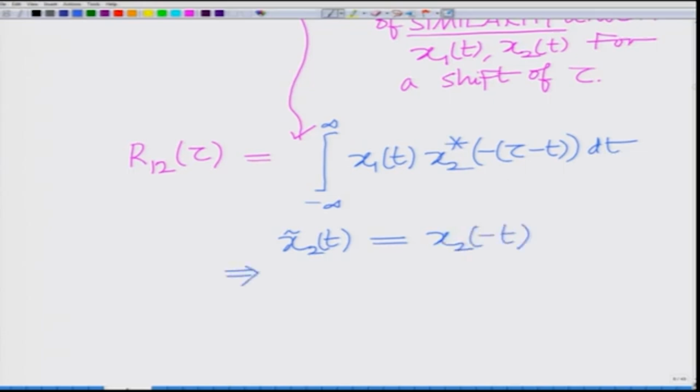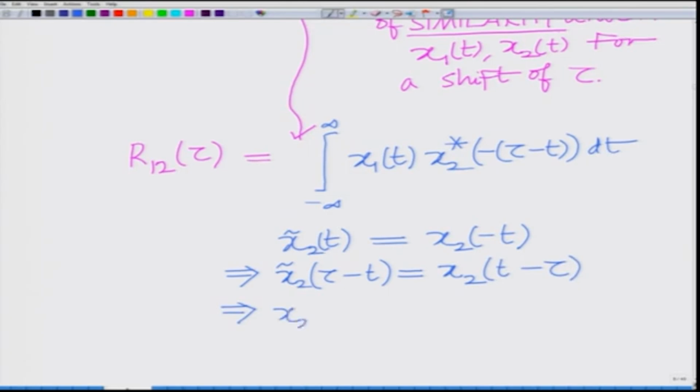This implies x2 tilde of (tau minus t) equals x2 of (t minus tau).